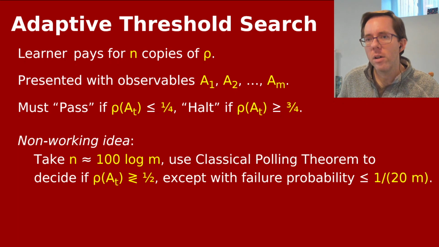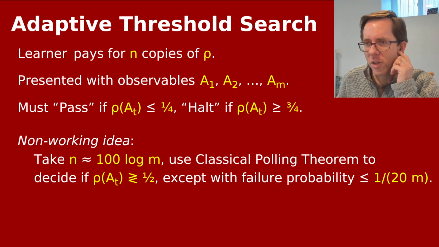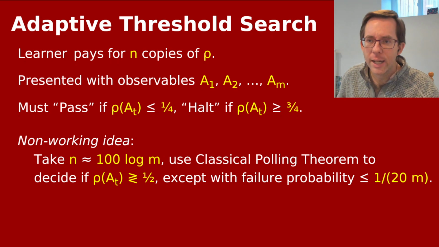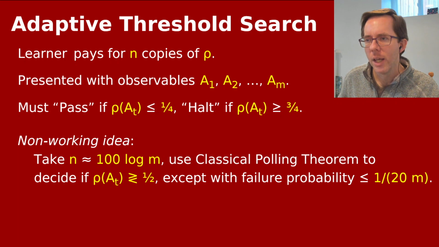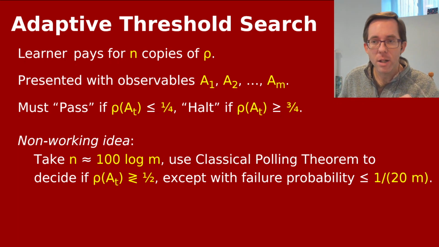So let me tell you a natural idea, the basic non-working idea that we, in some sense, discussed already. The first thing you might try would be this. I'm going to let n be a large constant times log m. We can't get that, we can only get log squared m, but we could imagine trying to get order log m samples. For each observable, AT, as it comes in, I'm just going to estimate the probability value in the naive way.